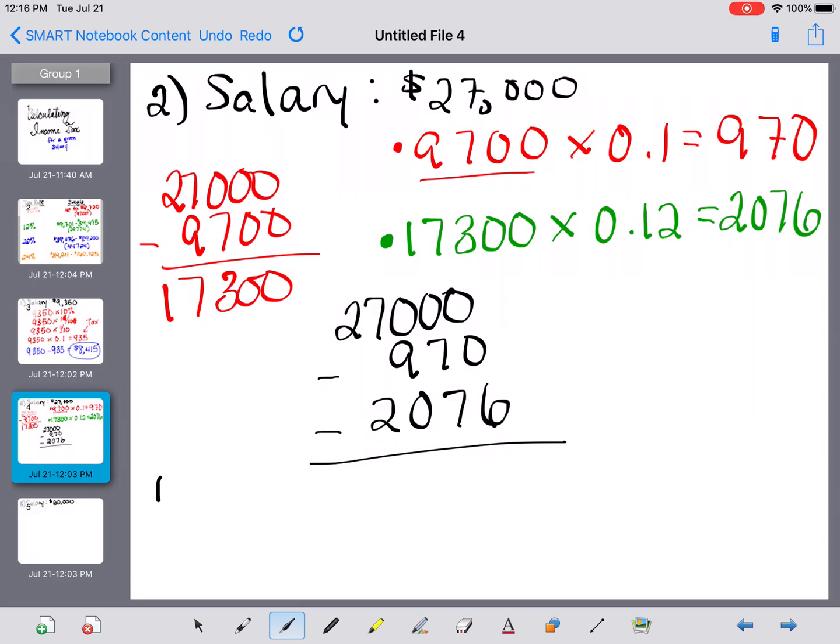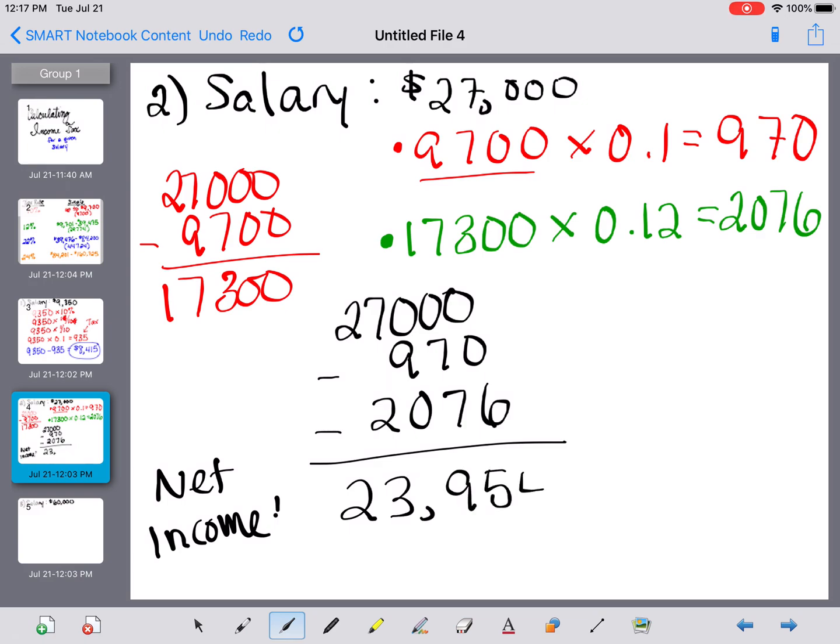Let me write that down for you. Net income, that is what we're looking for right here. And the net income of this example, once we do our subtraction, would be $23,954. So maybe we can afford that trip to Australia, maybe not.